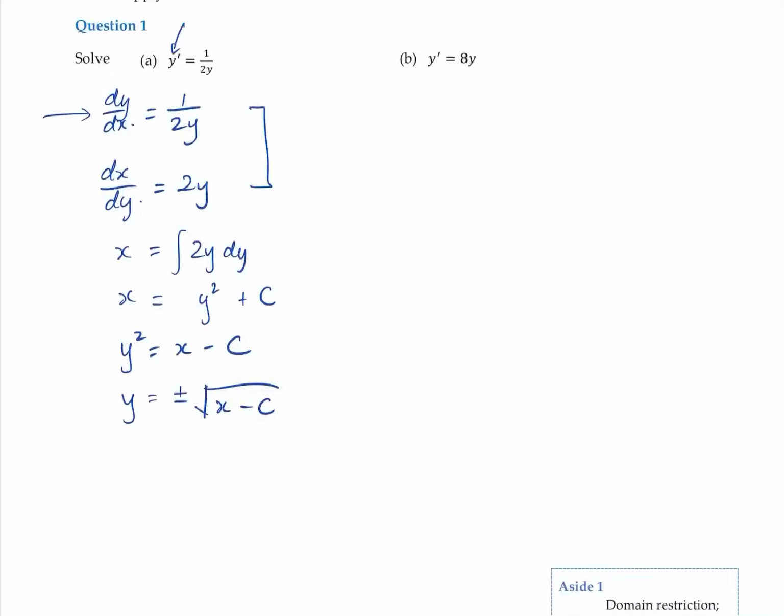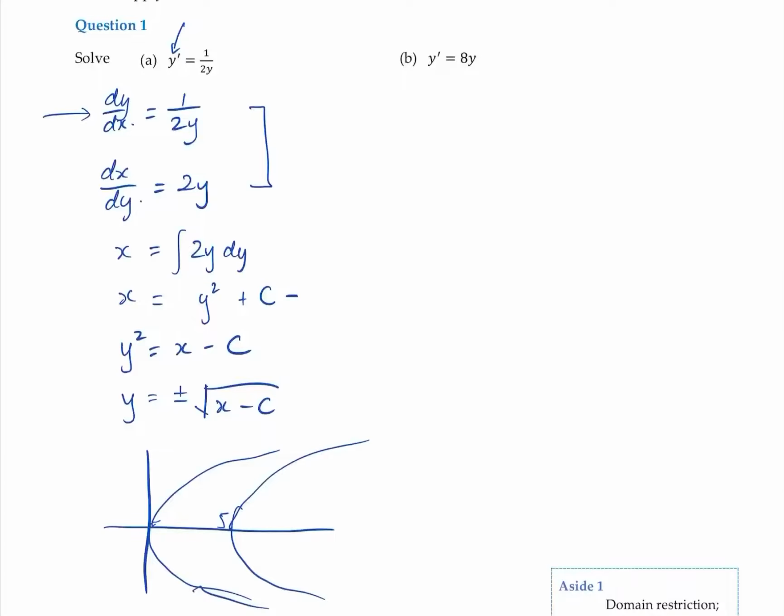So this is not a function, this is a relation. It looks like if c was 0, then it's a sideways parabola. And if c was not 0, like if c was 5, then it would look like that. The plus c here means that our family of functions is not being shifted up and down, it's being shifted left and right.